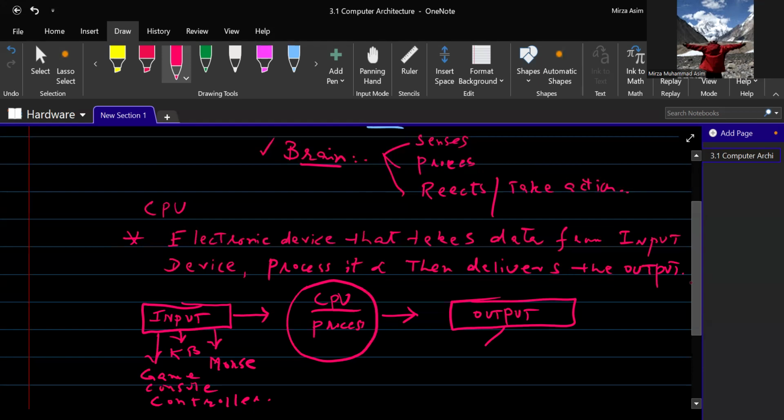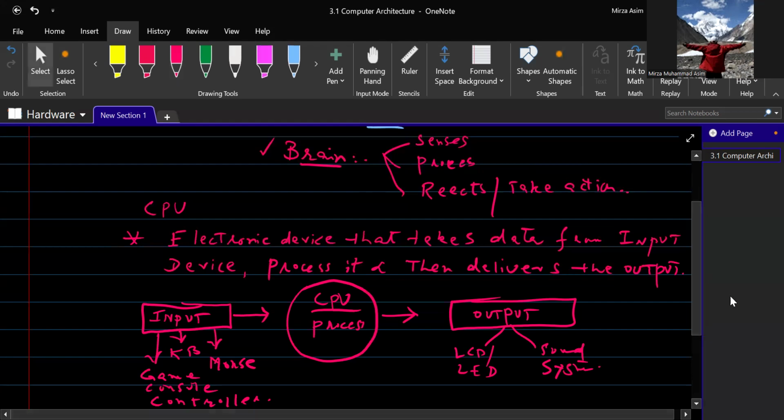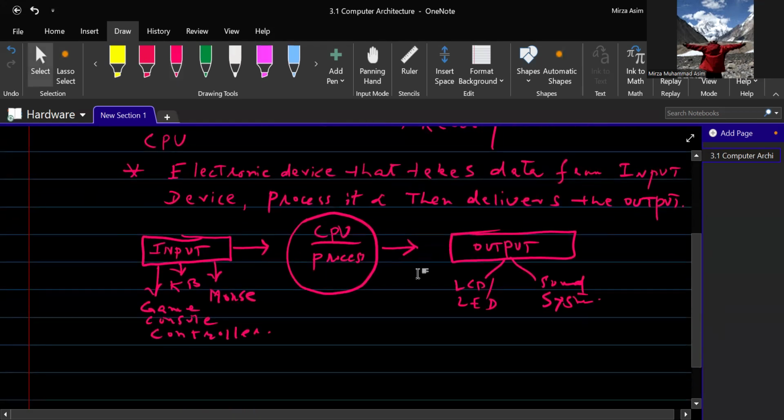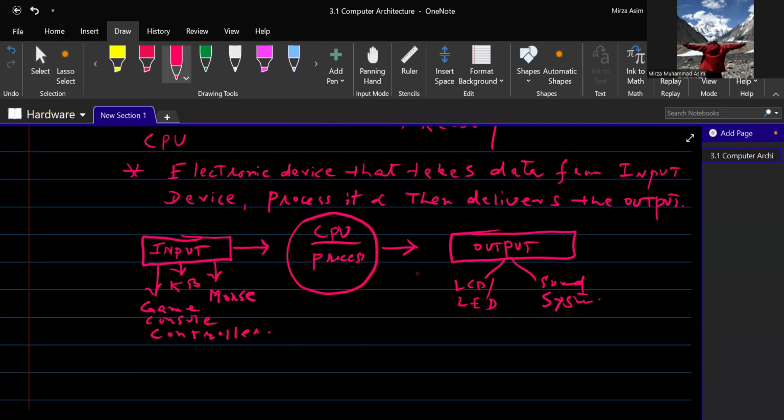It can be an LCD, LED, or a sound system, speaker, etc., right? So this is the simplest concept of the CPU. CPU and microprocessor are interchangeable, and processor as well.